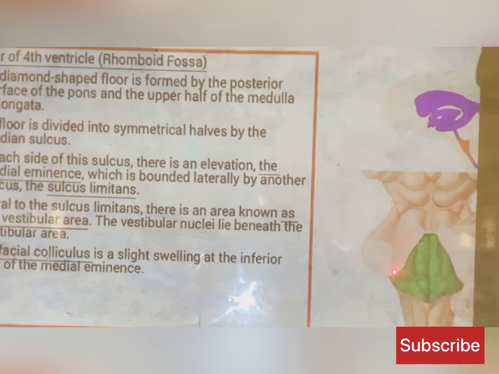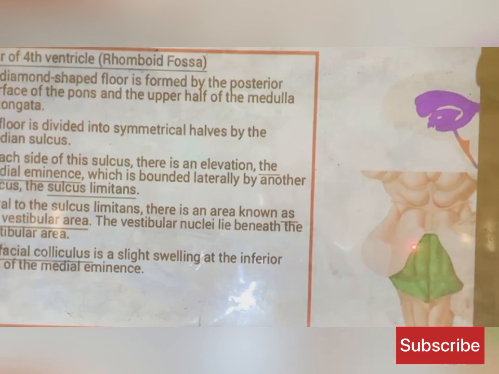And so the area, the triangle that covers this area here, if you can see there is something that looks like a straight line here, the stria medullaris, that's what we call it. It passes across, dividing the diamond shape into two triangles, one above and one below. Are you clear?